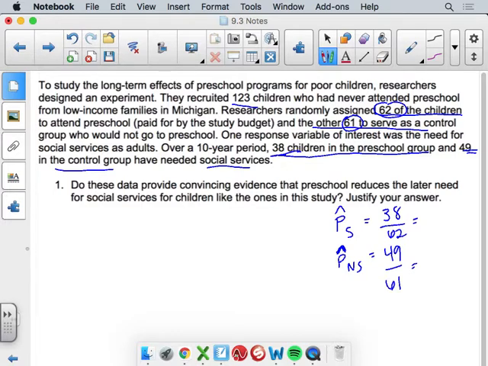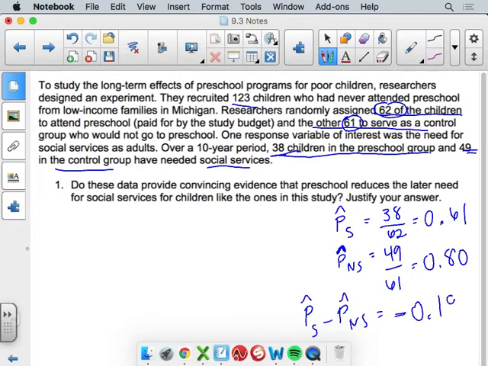Let's see. What are those percentages? 38 over 62, 49 over 61. That is about 61% and 80%. For the difference, I could say that p hat of school minus p hat of no school is negative 0.19.